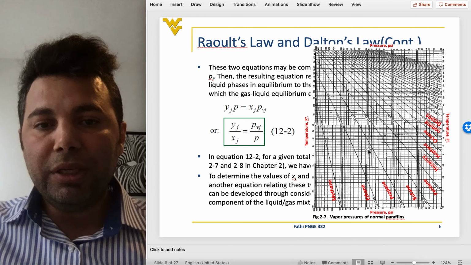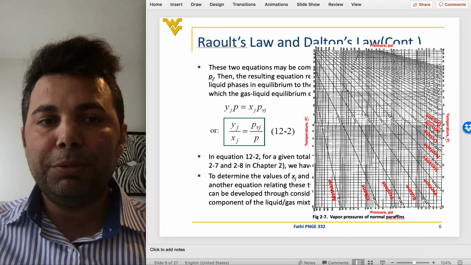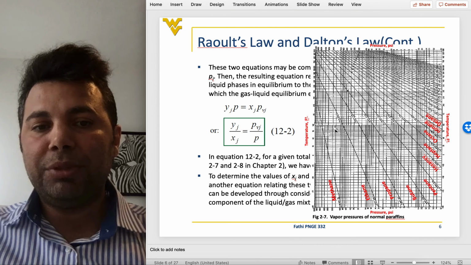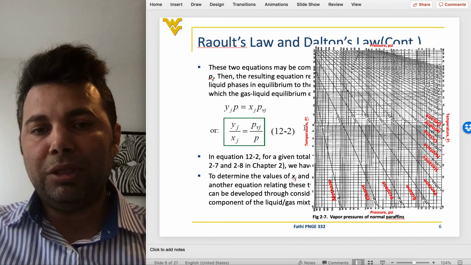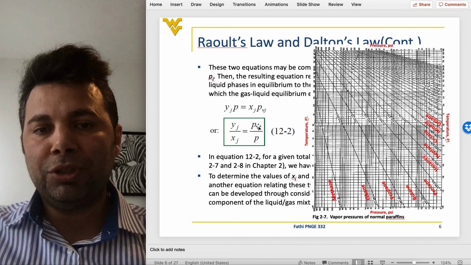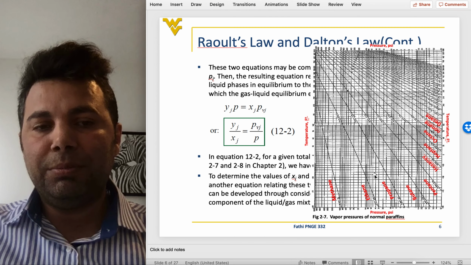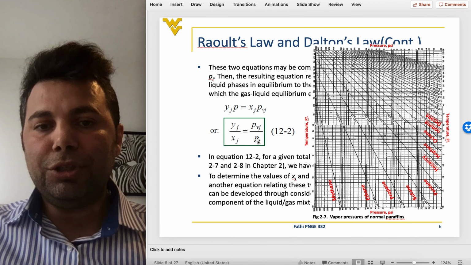So if I know the temperature of the mixture, I can read the vapor pressure of all the pure components using the Cox chart. We know the temperature and we know the total pressure. So this is known, and the total pressure is known.